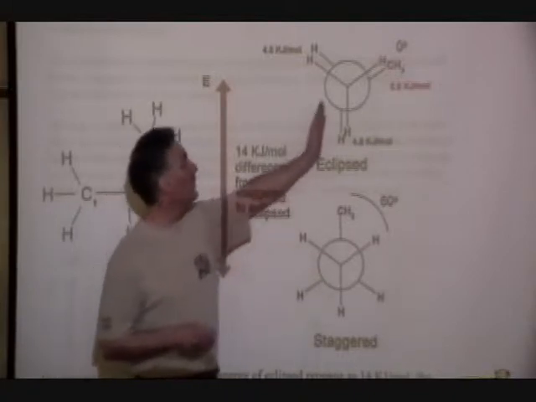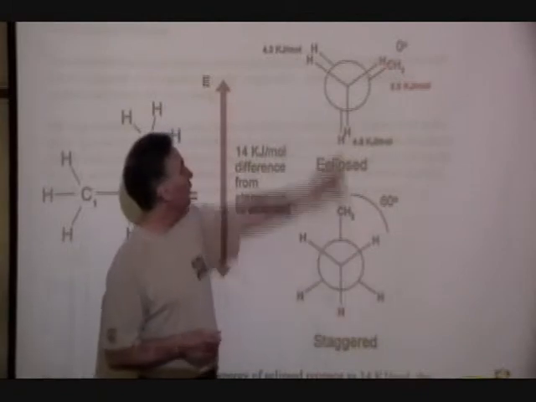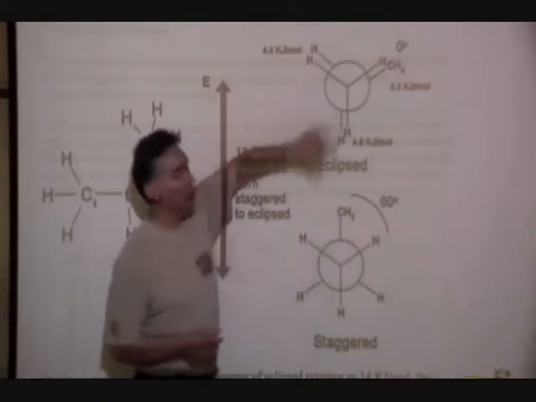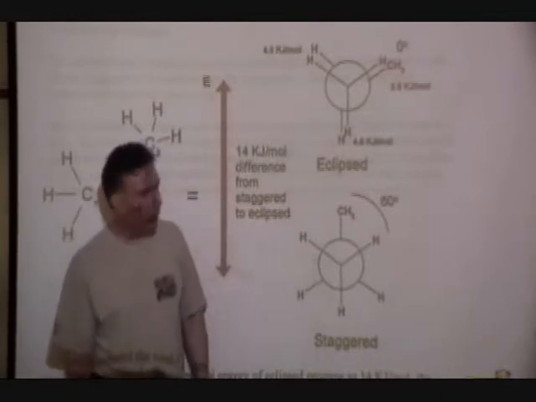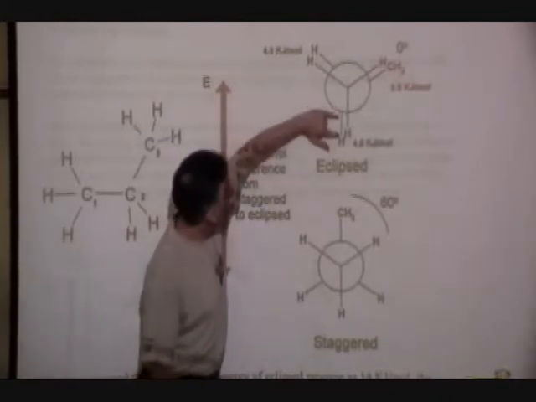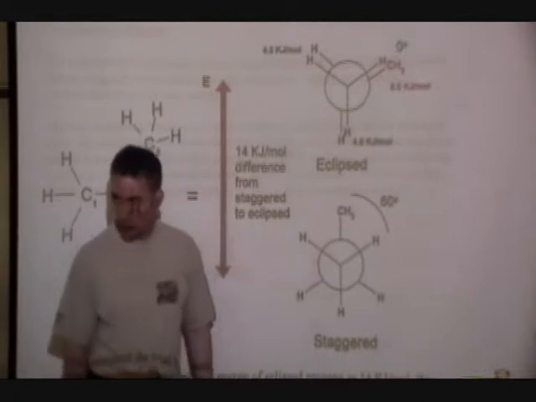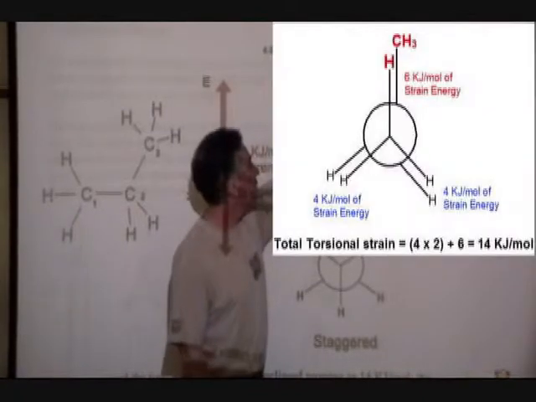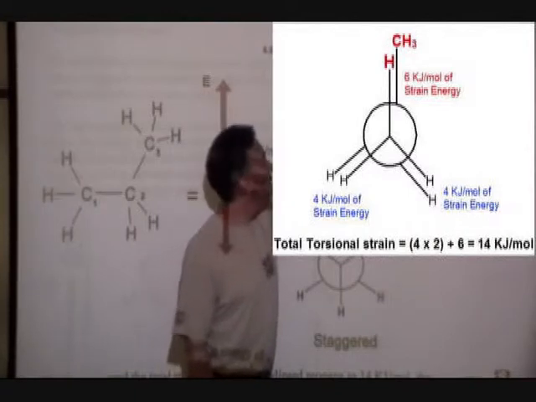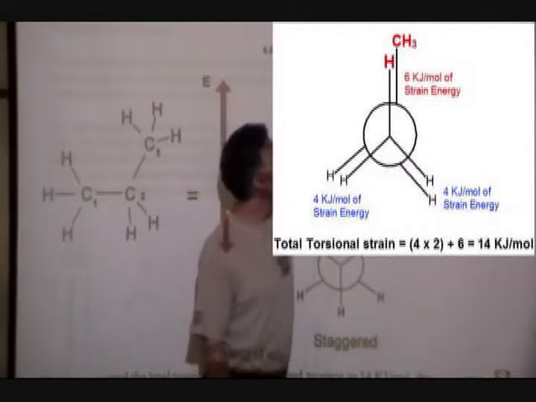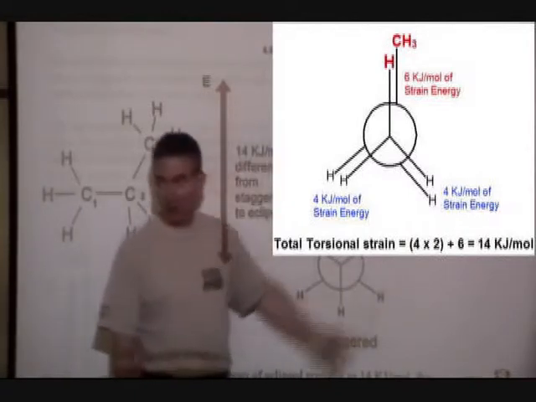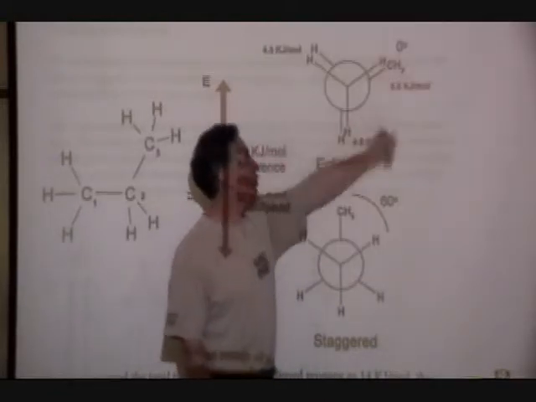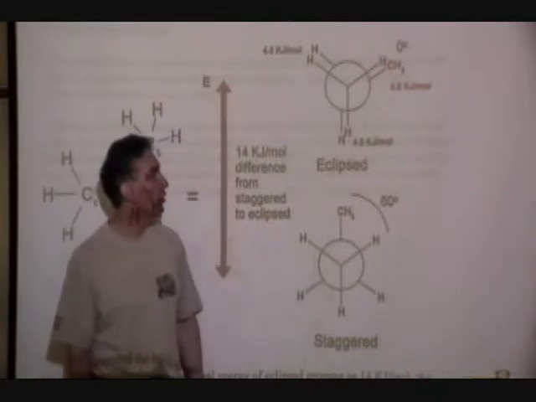But when we eclipse the molecule, we see, as we saw before, that CH to CH torsional strain, which is 4 kilojoules per mole, and a second CH to CH torsional strain to give us 8. And then the last one is a carbon to hydrogen bond aligned with a carbon to carbon bond with 3 hydrogens attached, which we'll summarize as being an H to CH3 strain in the notes.